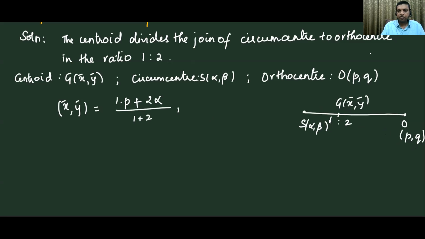Then the y coordinate will be 1 times q plus 2 times beta by 1 plus 2.